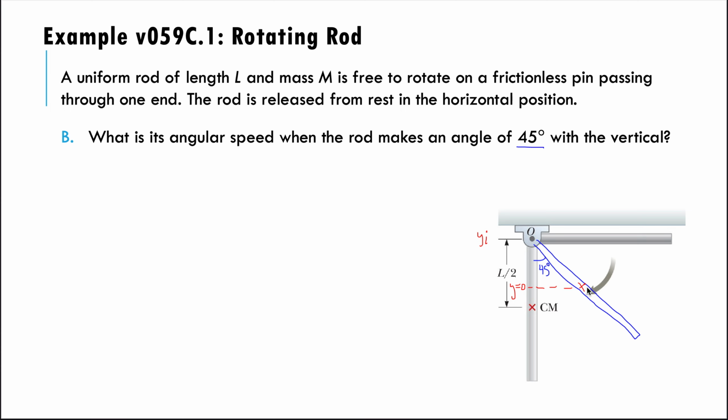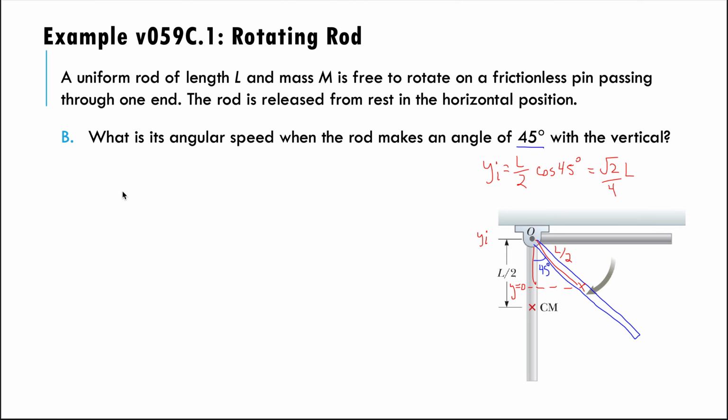But we know that the center of mass is halfway along the rod, so the hypotenuse of this triangle that we have formed is L over 2. So the initial height is going to be the hypotenuse times the cosine of 45. Since cosine of 45 is square root of 2 over 2, we can rewrite this as square root of 2 over 4 L.